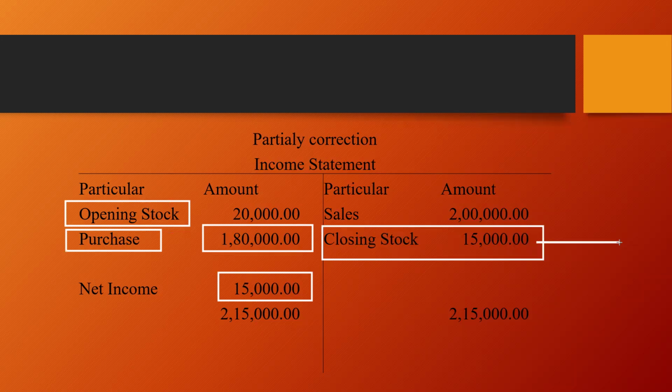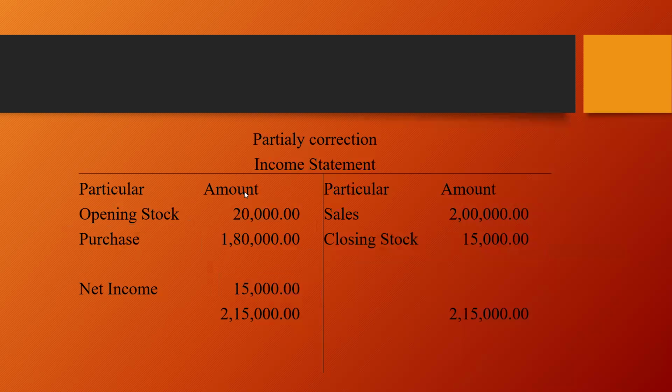Look precisely, they made it only to the purchase, not to the closing stock. That's the reason. The most important thing, they added to the cost of goods sold. So right now I have the net income of $15,000 after making the partial adjustments.